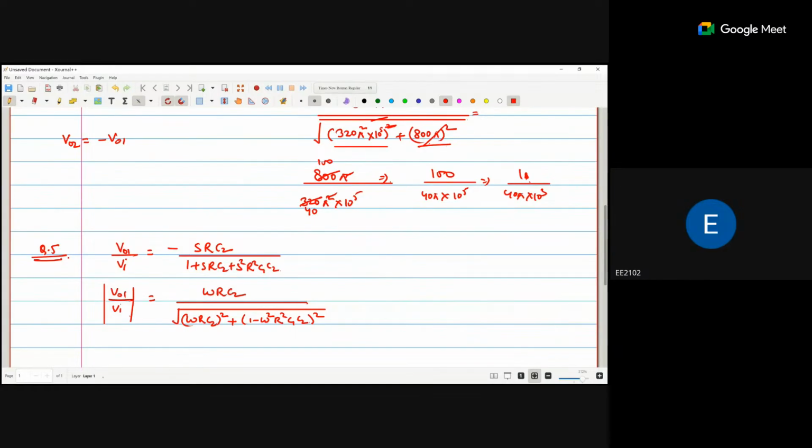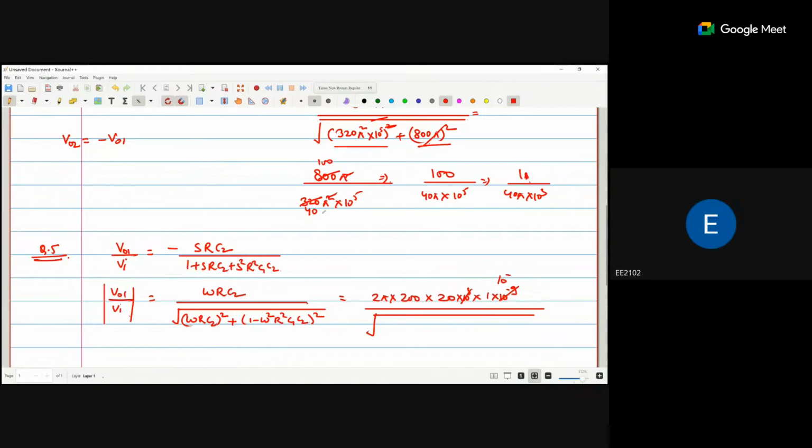Now put the value of omega, 2 pi into 200 hertz, into R which is 20 into 10 raised to power 3, into C which is 10 raised to power minus 9, divided by the same term again.